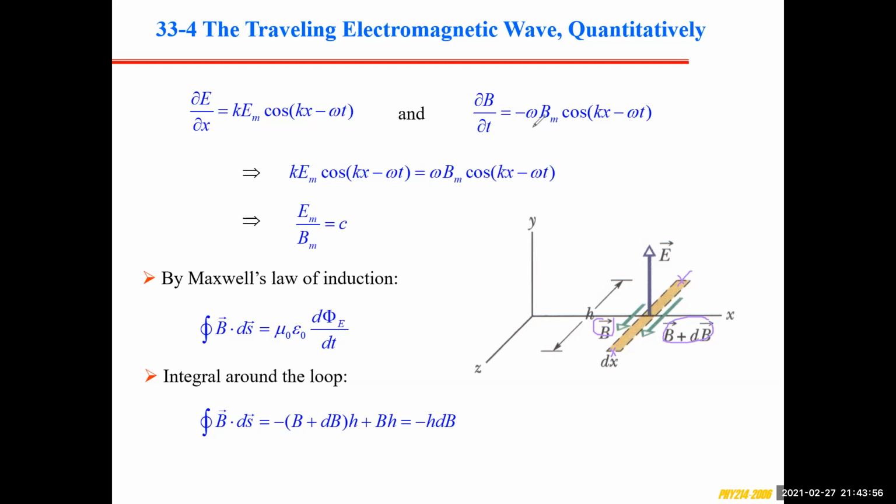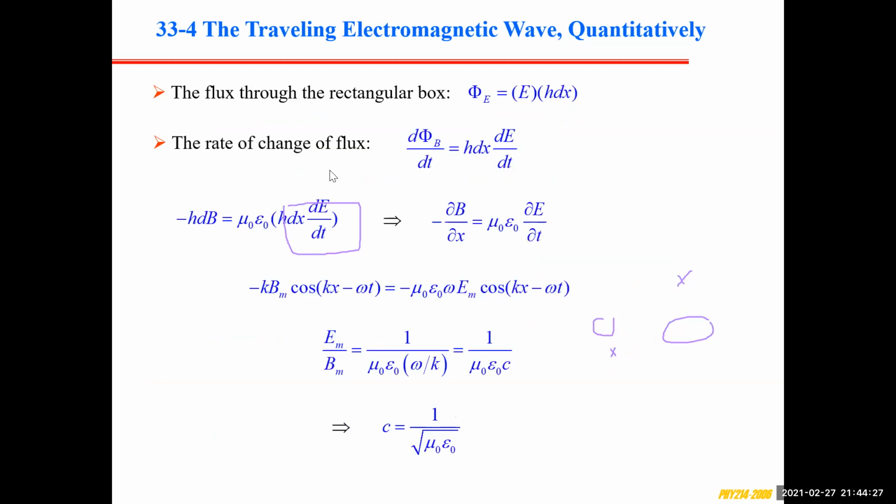When you do partial B partial t, you get negative omega times the magnetic field amplitude and cosine of kx minus omega t. When you set them equal, with the minus sign from the previous slide, both have the cosine, so they cancel each other. So the ratio of the amplitudes is equal to a fixed number, which is the speed of light.